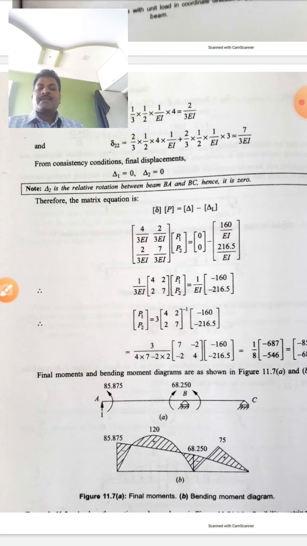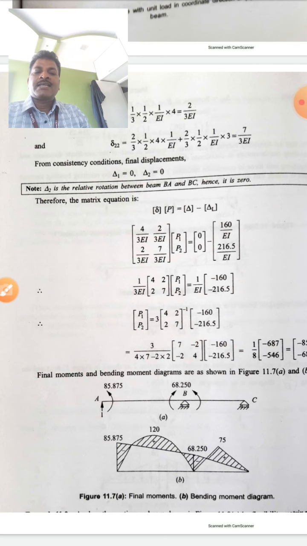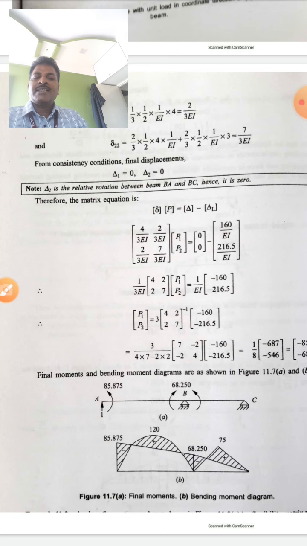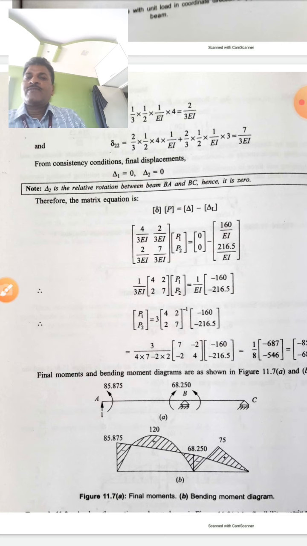Now delta 1 and delta 2 are the final displacements, and those values are taken to be 0. Therefore, using the flexibility matrix equation, delta matrix into P matrix is equal to delta matrix minus delta L matrix.